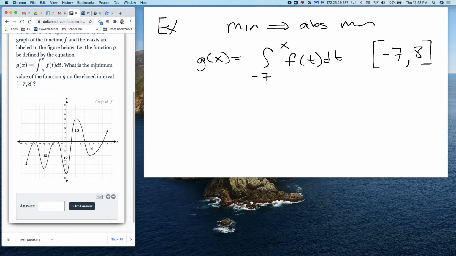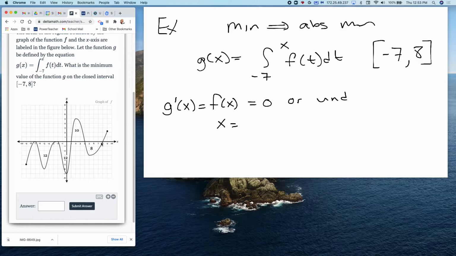So the first thing we're going to do is find the critical numbers. Well, the critical numbers are going to be when g prime of x, which equals f of x, is equal to 0 or undefined. This is the graph of f, and we're only working with the interval from -7 all the way up to 8. So let's talk about those.